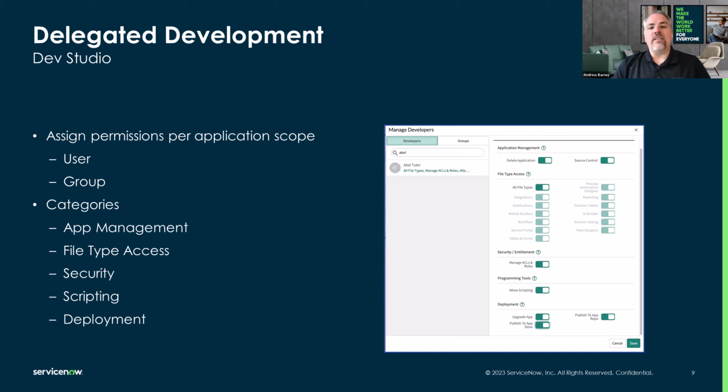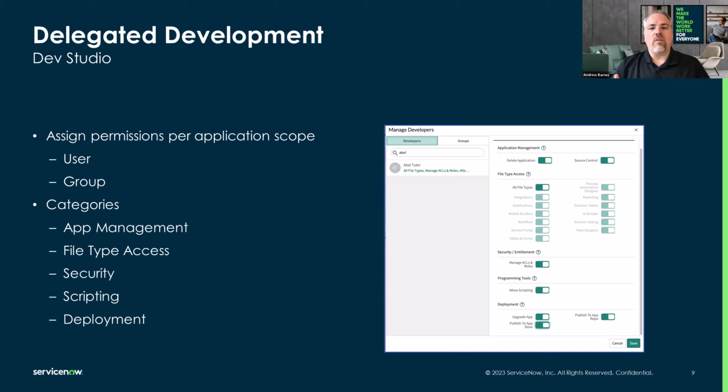So the kinds of things that you'll find in delegated development is whether or not you can access all metadata types or specific ones like integrations, UI Builder, Flow Designer, security. So whether or not you can manage ACLs. Then some higher tier stuff of like, can you publish this application?